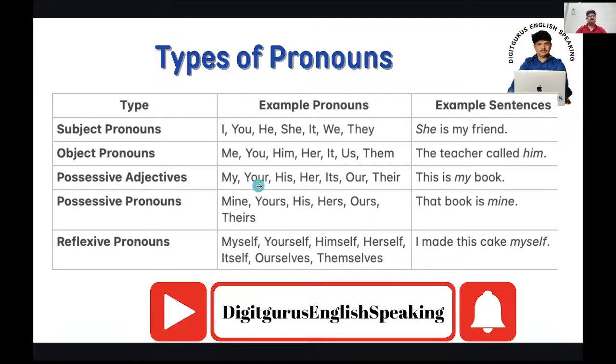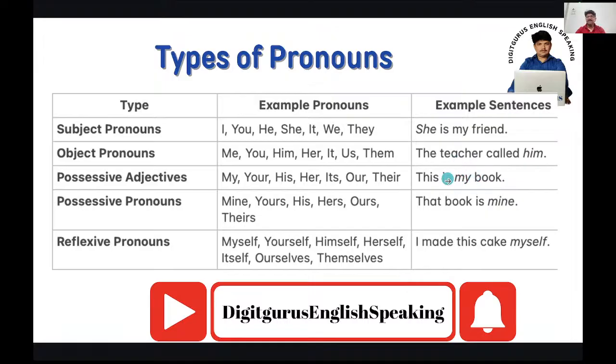And possessive adjectives always come before a noun. This is most important. The difference between possessive adjectives and possessive pronouns is that possessive adjectives always come before a noun. For example, this is my book.